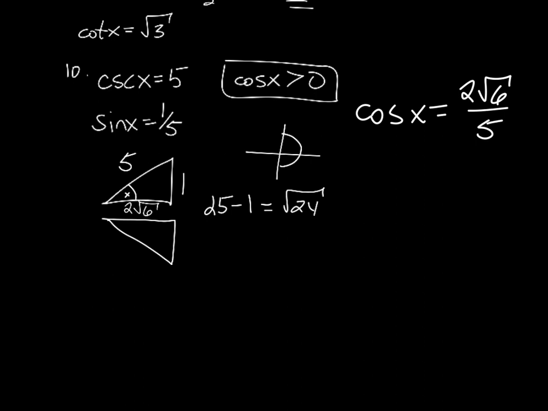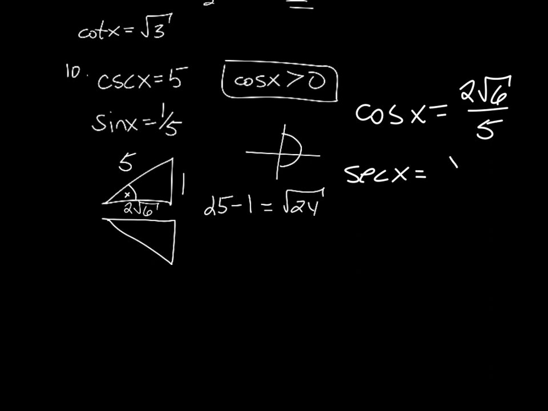Not arc cosine. So secant. You're only doing arc cosines if you want to know the angle, but we're not worried about the angle right now. Would it be 5 square root of 6 over 12?